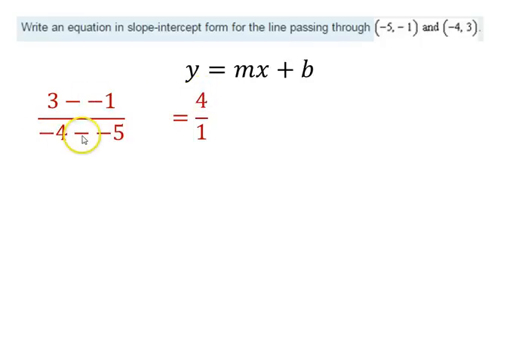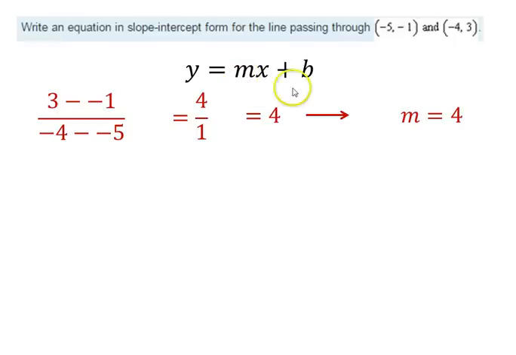Negative 4 minus negative 5 is positive 1. So the slope of this line that contains these 2 points is 4 over 1, or just 4. So we can say the slope is 4 or 4 over 1. And this implies that m, the value of m, is 4, because m represents the slope.